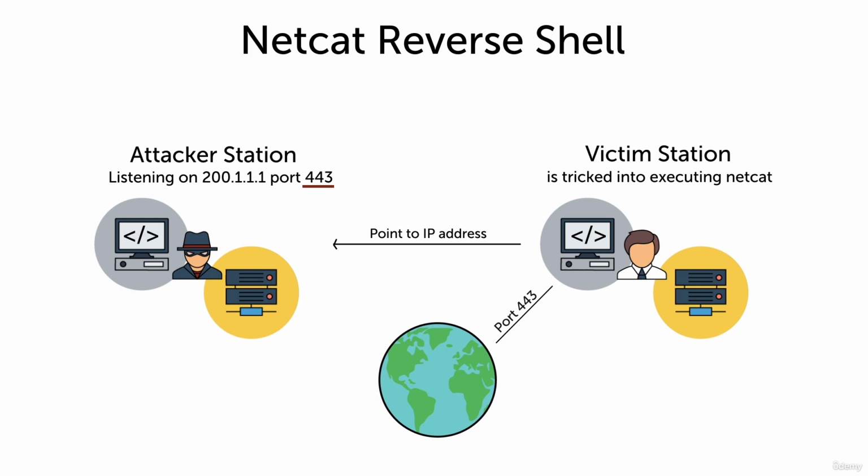Now, if you're thinking, well, my virus scanner is going to pick this up, well, you're right, it will. But if you at all have any knowledge of computer programming, software development, it is very quick and very easy to write your own reverse shell listener and also your own client victim tool. So they talk together. Very easy to write code to do this, and there are plenty of books that tell you how to do it.